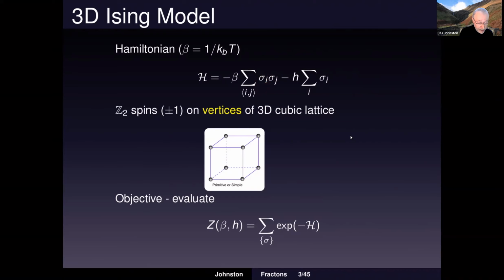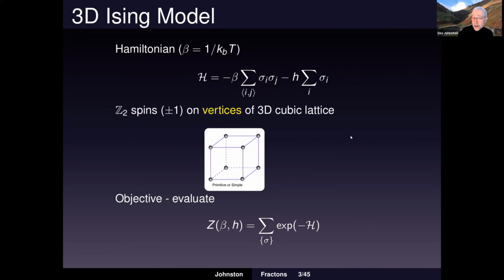So if you have a wee look here, here's a chunk of the 3D cubic lattice. Here are the spins which are living at the vertices of this lattice. And the spins only interact with their nearest neighbors on the cubic lattice. And this beta here is in effect 1 over the temperature.